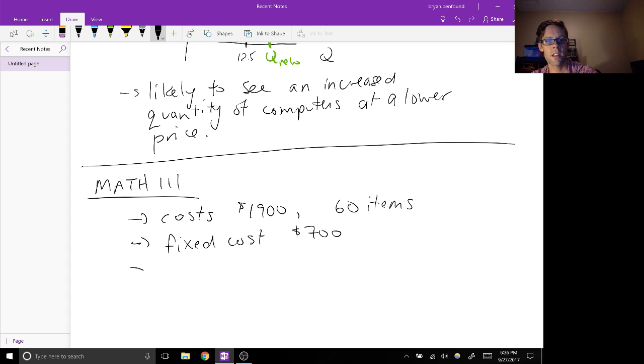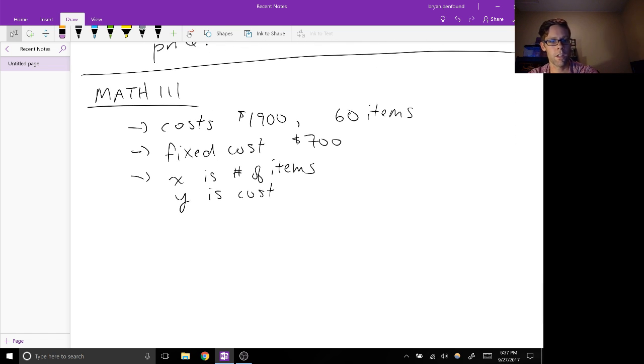X here represents the number of items we manufacture, and Y is the cost. We'd like to find the cost function. That's our question.